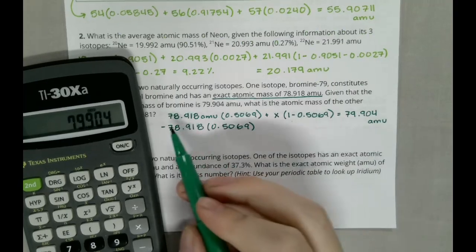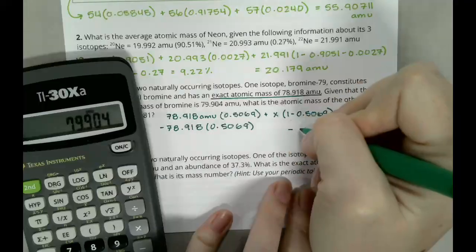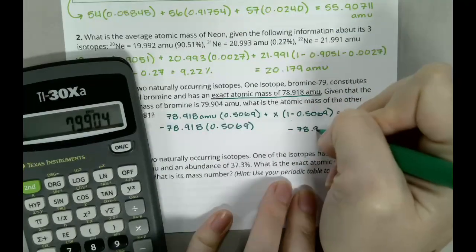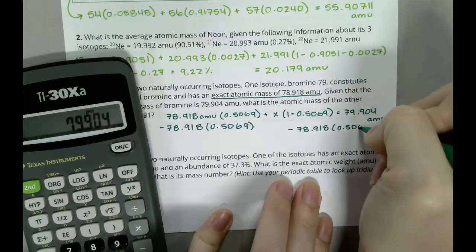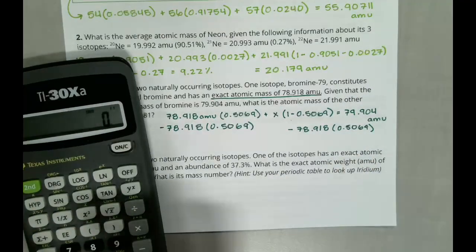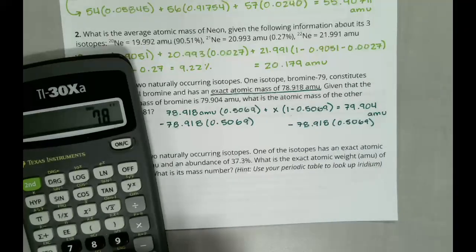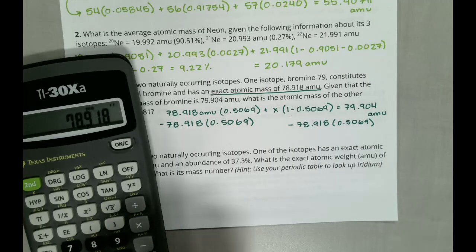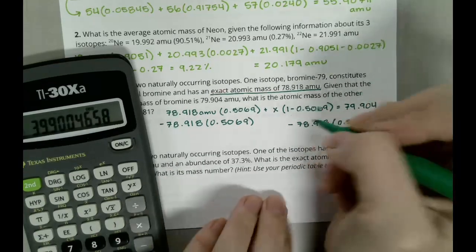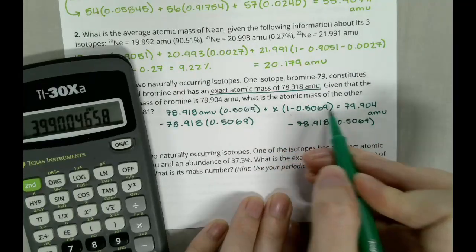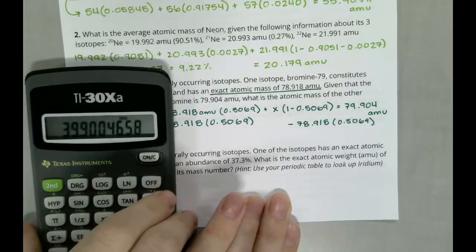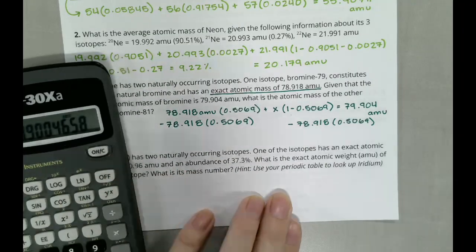We're subtracting this from this side and also from this side, minus 78.918 times 0.5069. So I'm going to do minus. This one has parentheses, so I get to avoid doing multiple steps. And you are welcome at this point in the year to use your own calculator. Okay, so that's going to leave me with X times 1 minus 0.5069 equals 39.9004658.